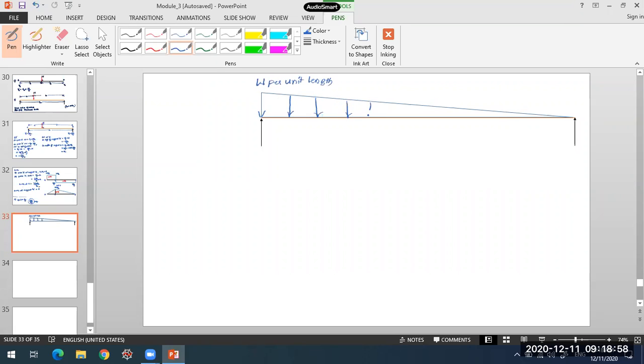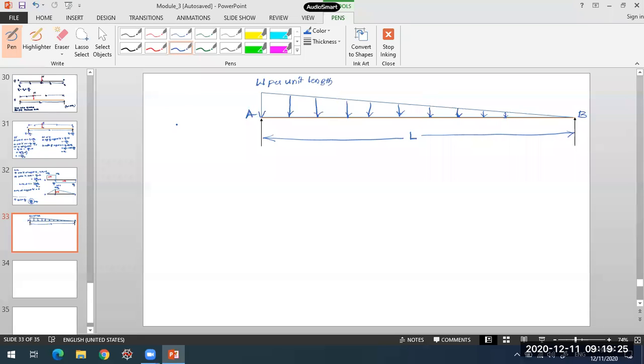So this is a simply supported beam supporting the uniformly varying load throughout its span. Let's say the span is L, and we'll take A and B as the two supports.